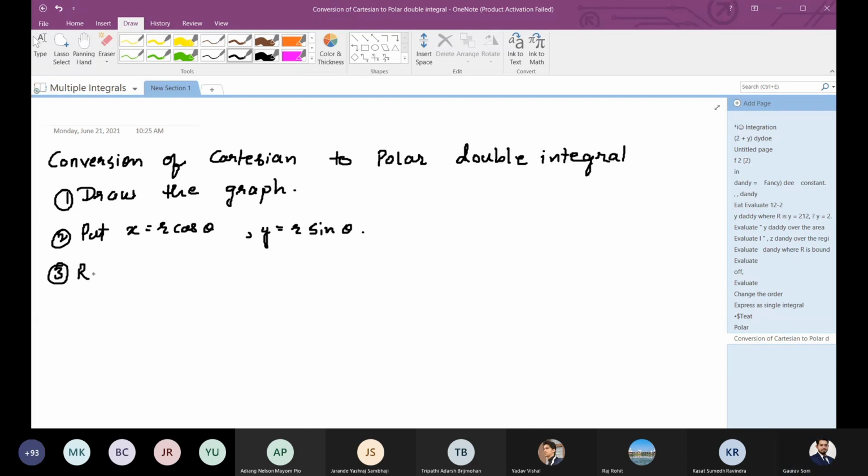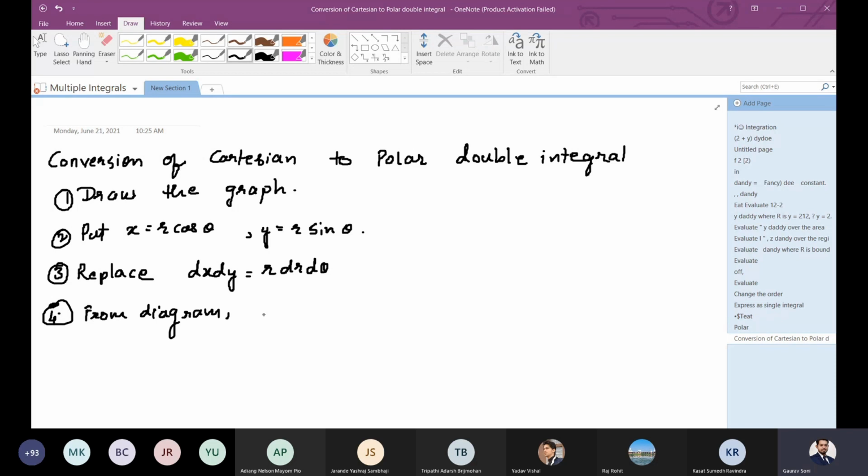Third, replace dx dy as r dr d theta. And the fourth one is, from the diagram, give the limits of r and theta.